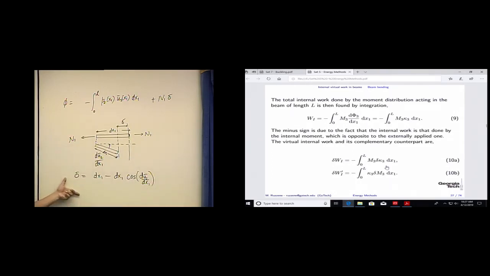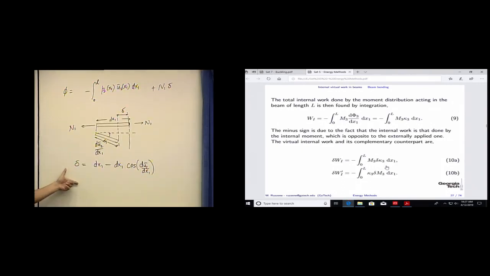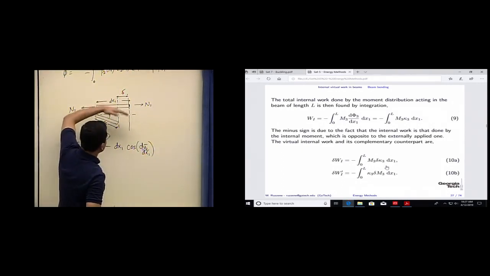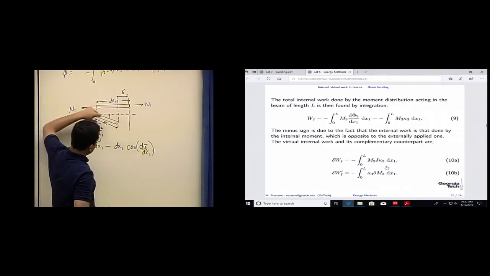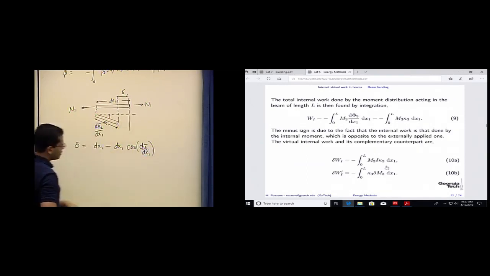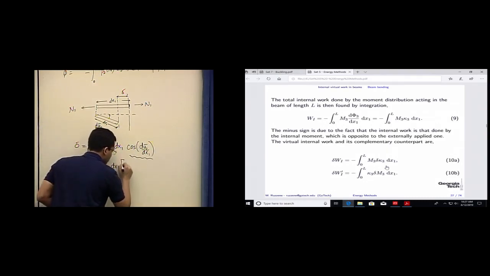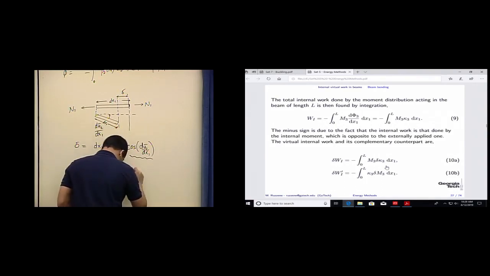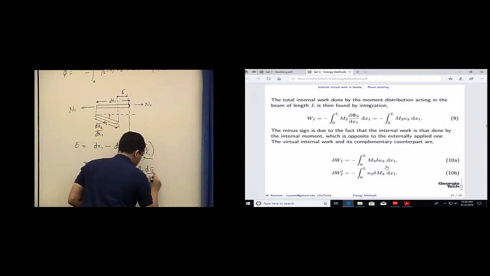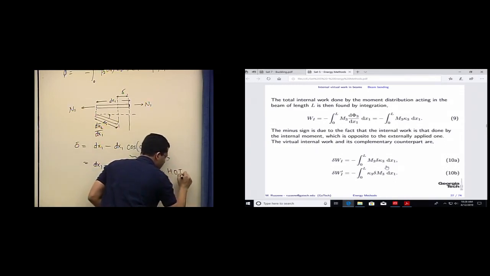Any questions at this point? So what I'm trying to find is this delta, which is dx1 minus a component, a cosine component of this dx1, right, and that's cosine of du2 over dx1, and then I will expand this expression using the trigonometric series, so it becomes dx1 minus dx1 times 1 minus 1/2 du2 over dx1 whole square plus higher order terms.